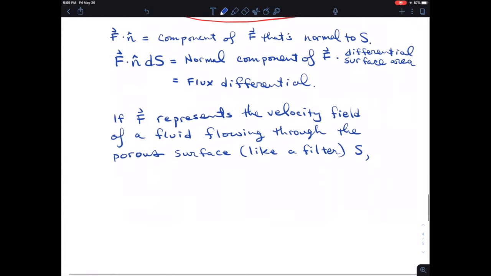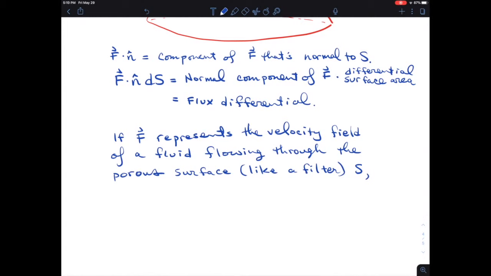S, then flux is a total fluid, and I'll show you this later. It's a total fluid flowing across S per unit time. I should say flowing through S. That's probably a better word. Flowing through the filter, okay, per unit time.